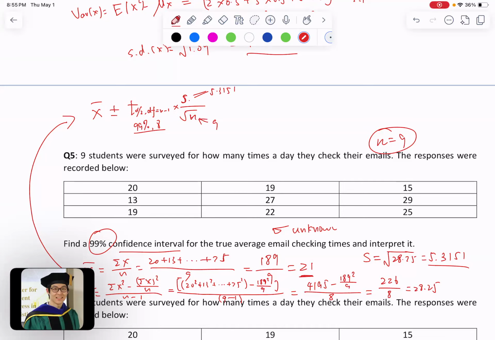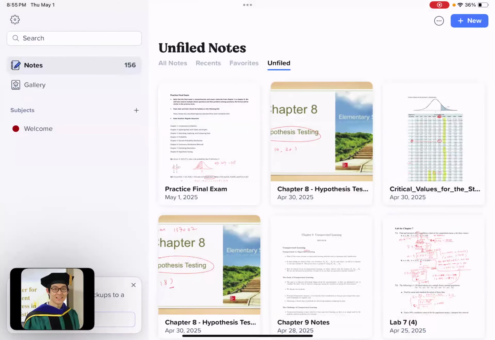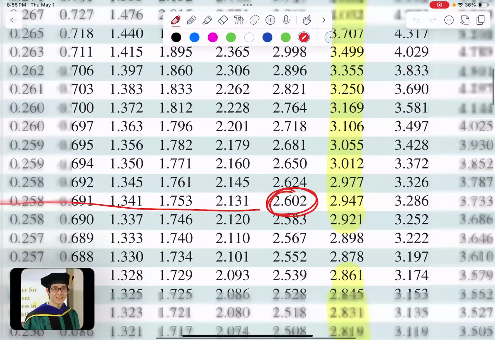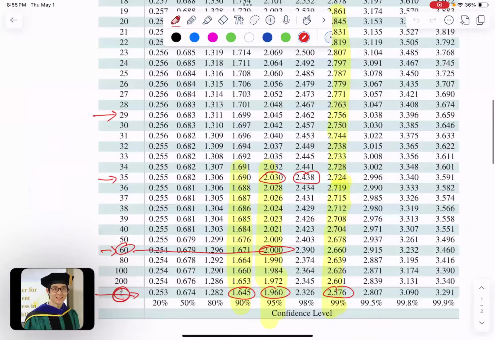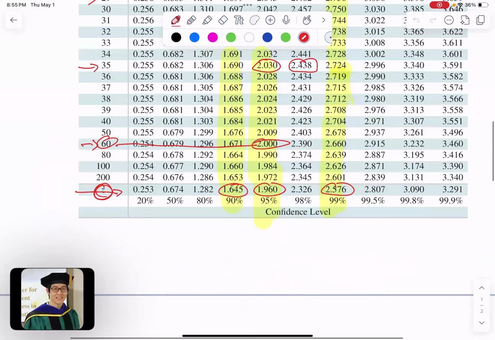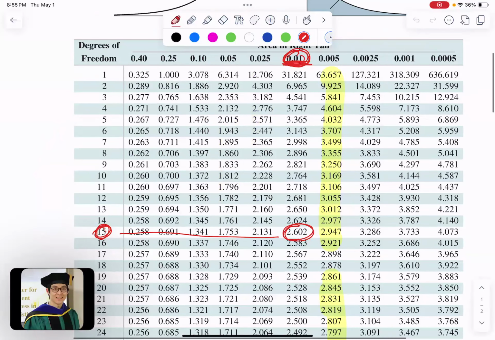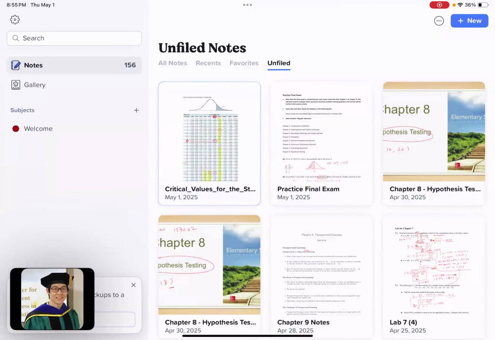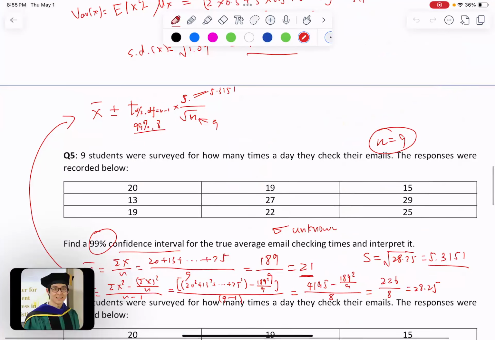So we have everything. So the t critical value, let's check the t table. 99%, 8. So t table is here. So 99% is this column is 8. So 3.355. All right.